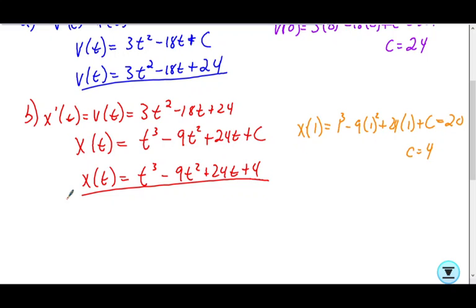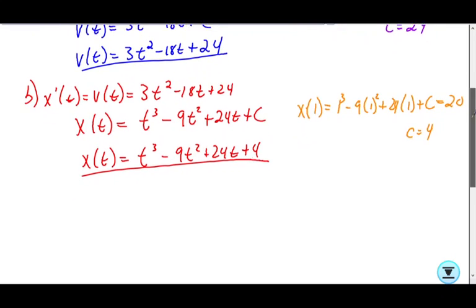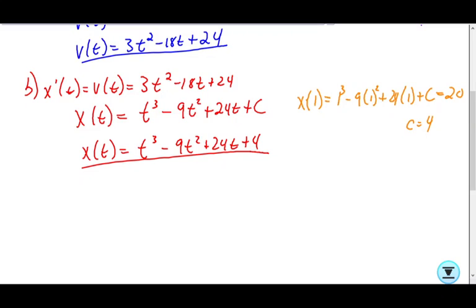Okay, so A and B really easy. Part C, it says determine the times where the particle's velocity is 0. Easy. We already know the velocity equation, so we just find its zeros. So v of t equals 3t squared minus 18t plus 24, set equal to 0.